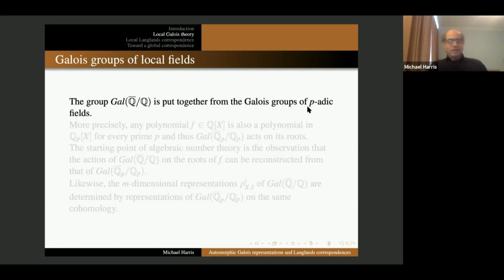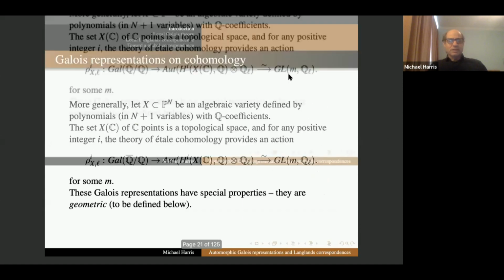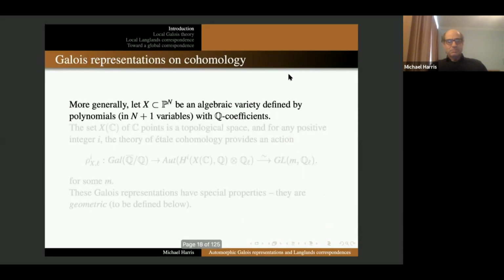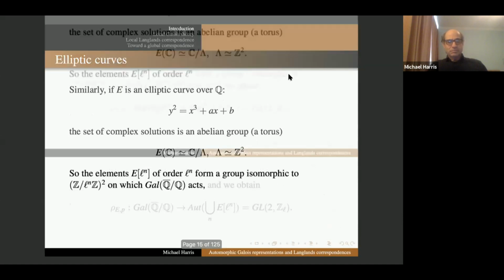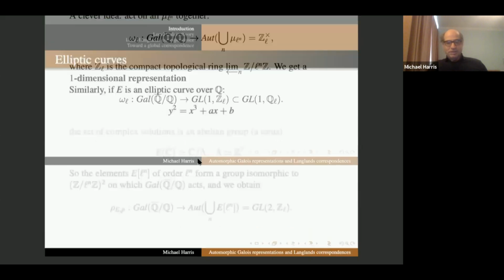So not so long ago, we talked about ZL. Here. And now we're going to take a different prime, P. We have infinitely many primes, so we can certainly choose two that are not the same.